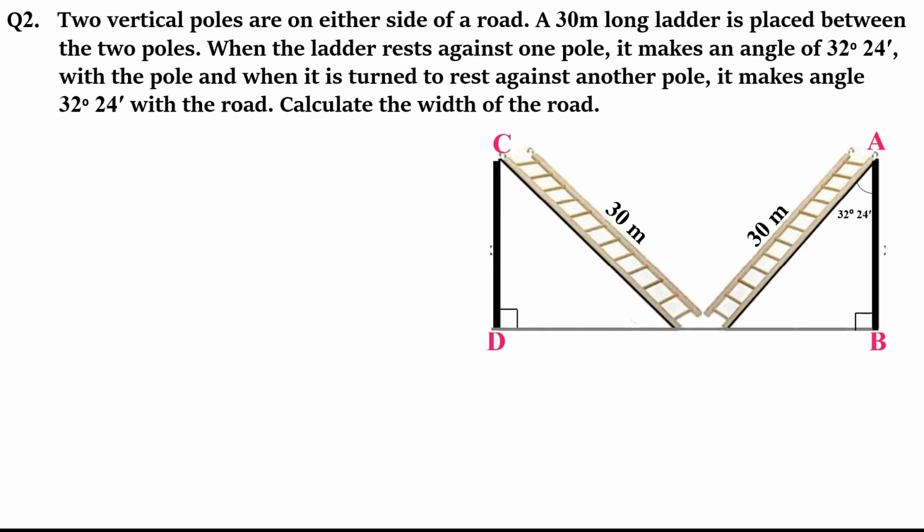So see, where is the angle formed? Between the ladder and the road. The angle is formed over here. Let's give a name to it. Let this point be E. So now you can see we have two right angle triangles, and angle A is 32 degrees 24 minutes, and angle E, CED or DEC, is 32 degrees 24 minutes.